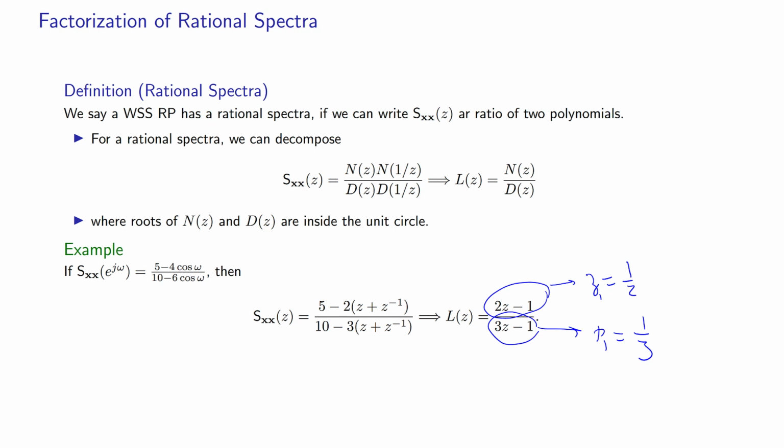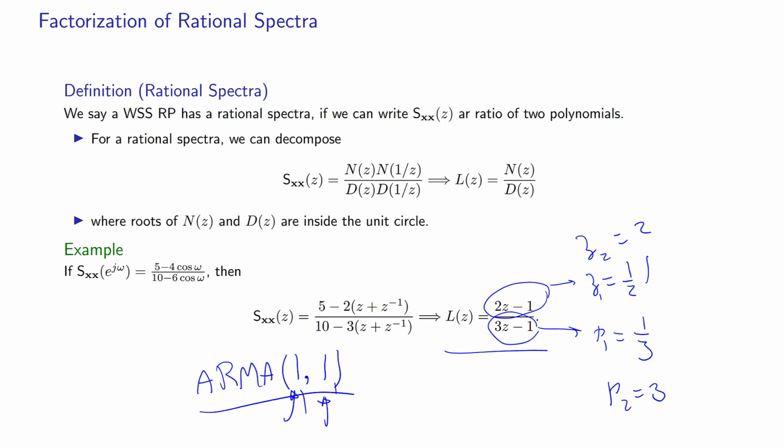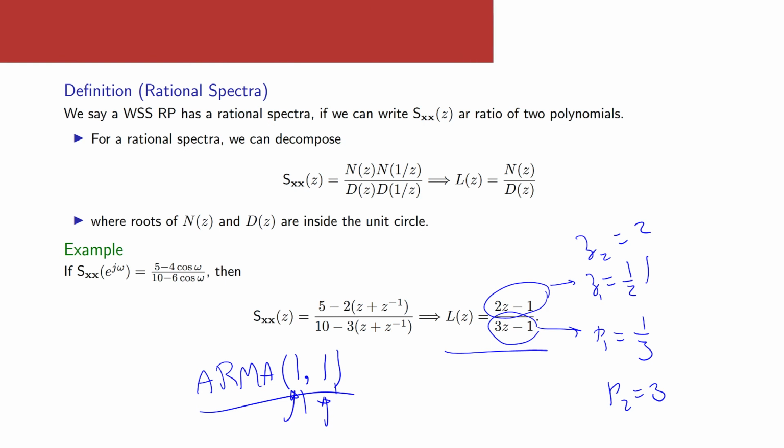Another zero z2 should be equal to 2, and another pole p2 should be equal to 3, which is the inverse of p1. So this is the solution of the power spectral factorization. You have 1 zero and 1 pole, so the degree of this power spectrum is (1, 1). This is the number of zeros, and this is the number of poles. We call it ARMA of degree (1, 1), number of poles and number of zeros. We'll learn about it in the next videos.